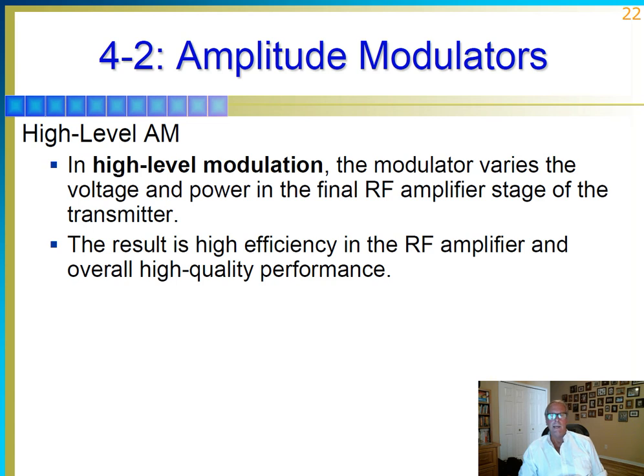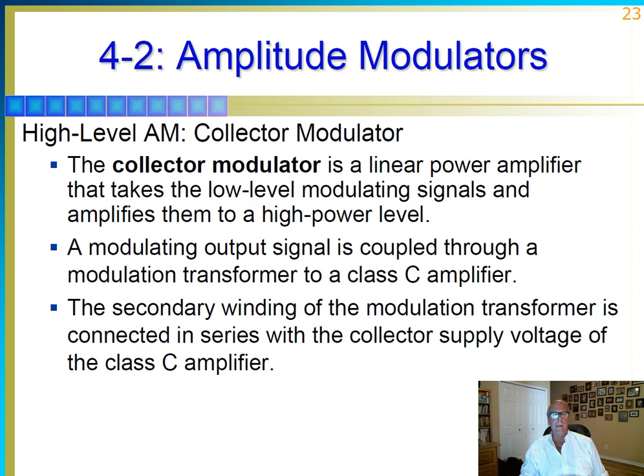Okay, high-level AM, this is where it gets real hot. Stuff can get really hot. So all the modulation is done basically at the transmitter stage. Now, a collector modulator, as the name implies, is the collector of a transistor, which is connected to essentially the tank circuit and the antenna.